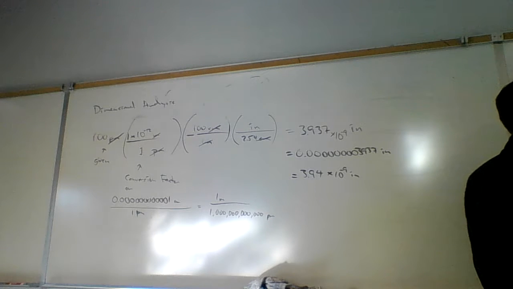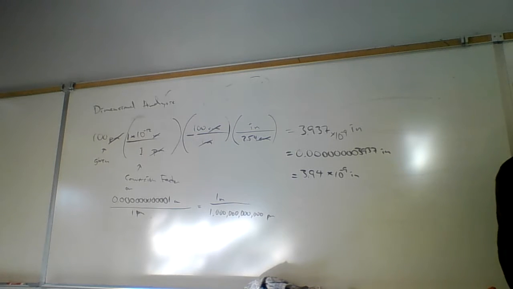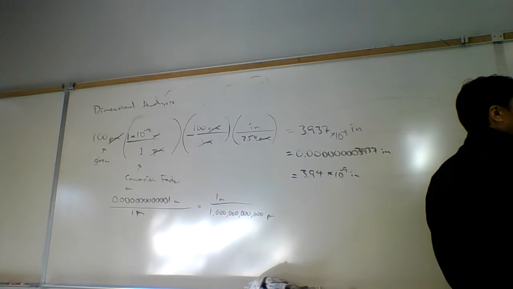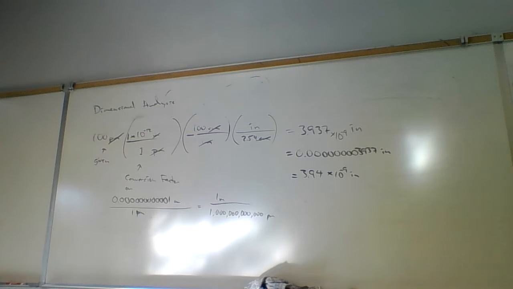We would do this. 6022. We move it 23 over. So 1, 2, 3, 4, 5, 6, 7, 8, 9, 10, 11, 12, 13, 14, 15, 16, 17, 18, 19, 20, 21, 22, 23. So we got our 23 spaces out from here. And so we go like this: 1,000, million, billion, trillion.